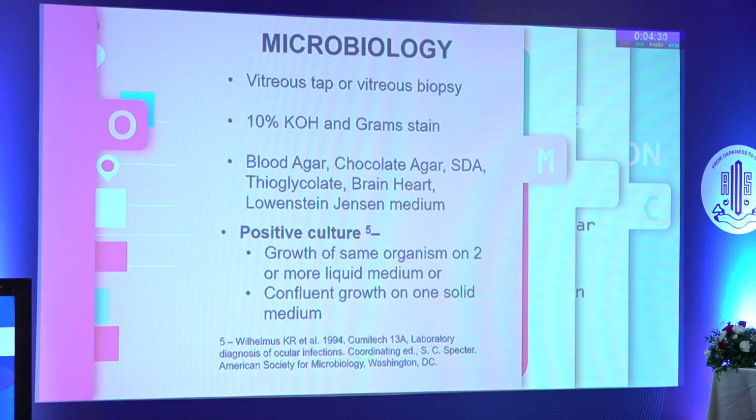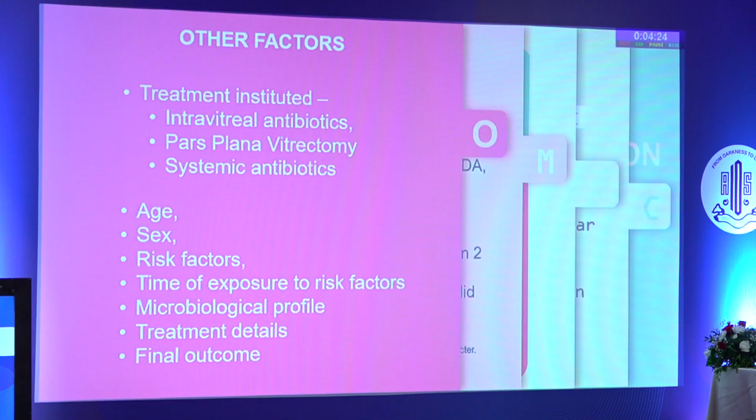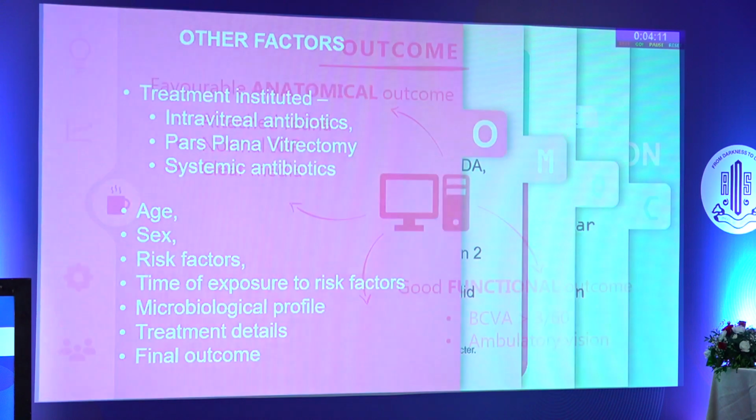Positive culture was defined as growth of the same organism on 2 or more liquid medium or confluent growth on 1 solid medium. We also instituted intravitreal antibiotics. PPV was done. Systemic antibiotics were also given. Age, sex, risk factors, time of exposure to risk factors, microbiological profile, treatment details, and final outcome were also documented.